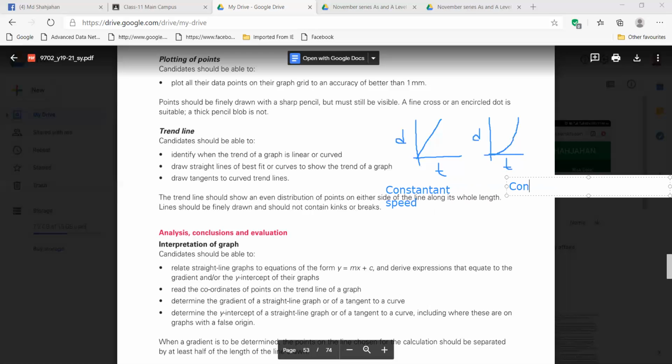I'm writing constant acceleration again, so that as you are getting the recording, afterwards you can also recall. And those who are not attending, if they want, they can also get this.